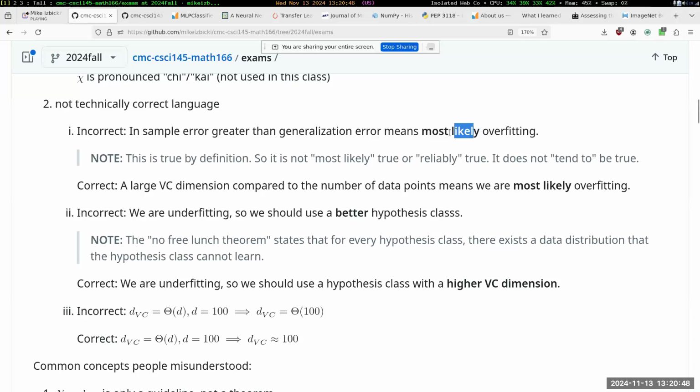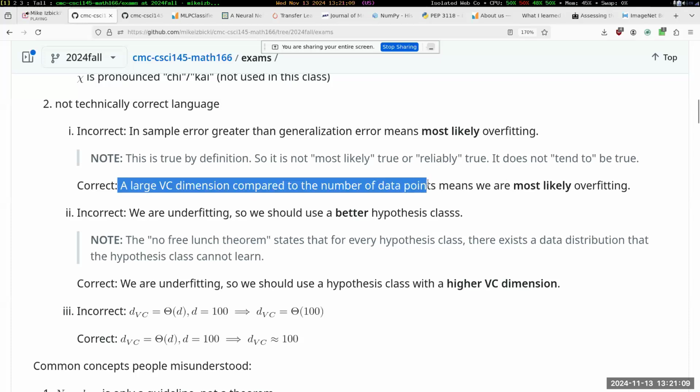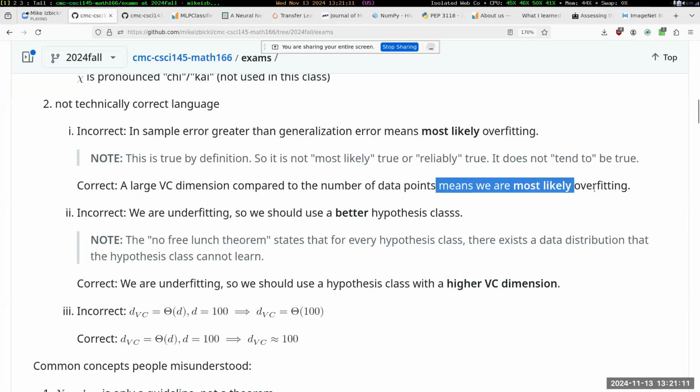If you're using a phrase like most likely or reliably or tends to be, any of this equivocating language, you should only use it if it's not 100% guaranteed to be true, following immediately from a definition. A correct way to use the phrase most likely would be: a large VC dimension compared to the number of data points means we are most likely overfitting. It doesn't guarantee that we're overfitting, but we are likely to be overfitting in that sort of situation.